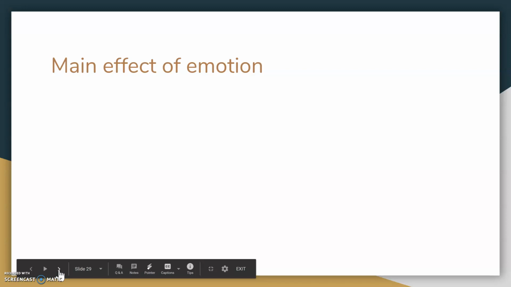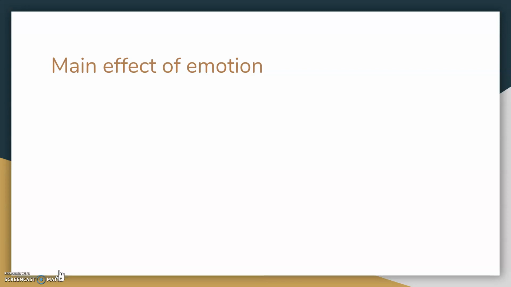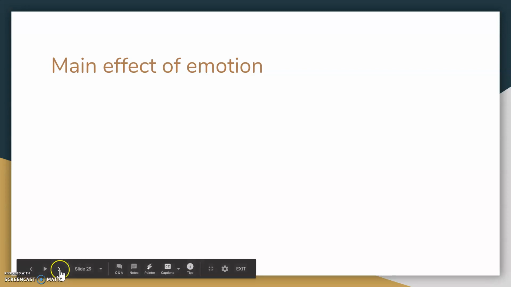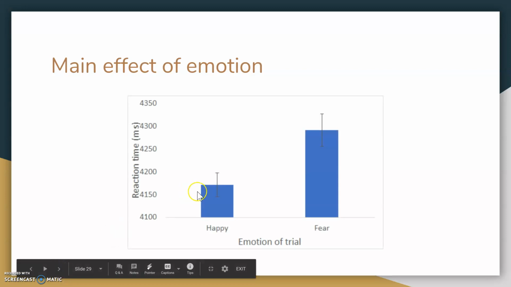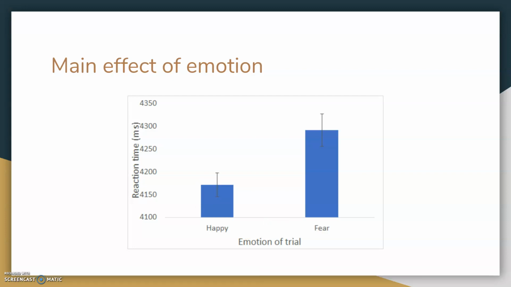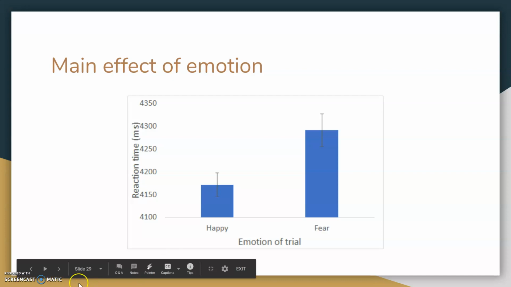So now we're going to move on to the next independent variable, which is emotion. As you can see here, the difference between the happy trials and the fear trials is much larger than what could be perceived on the graph for the large and small trials. This is because there is a main effect of emotion in our data.